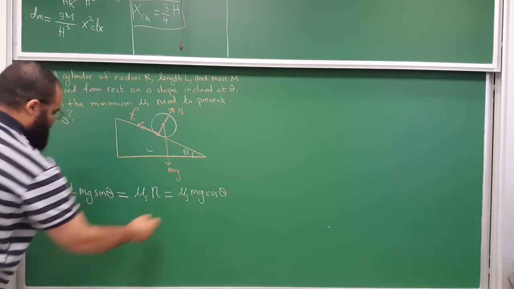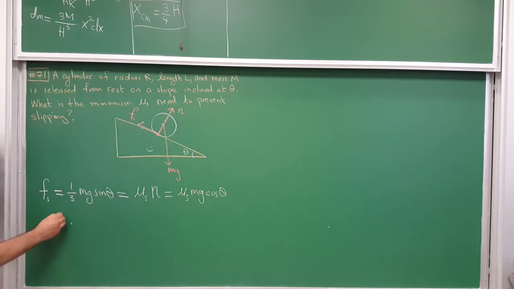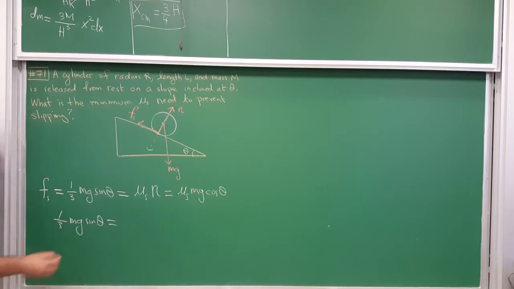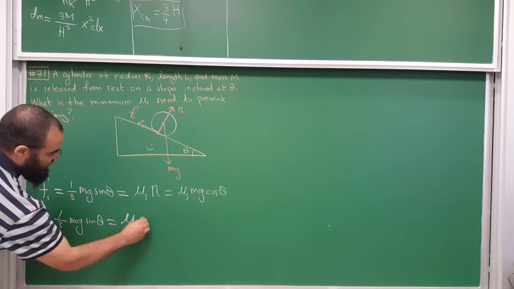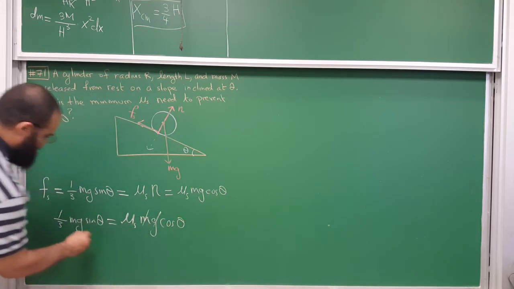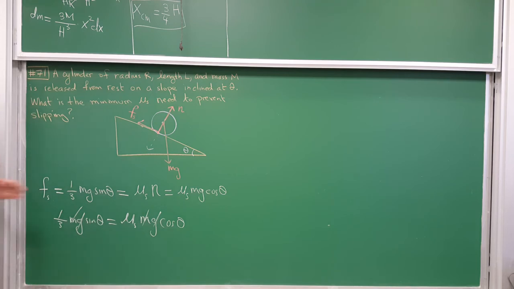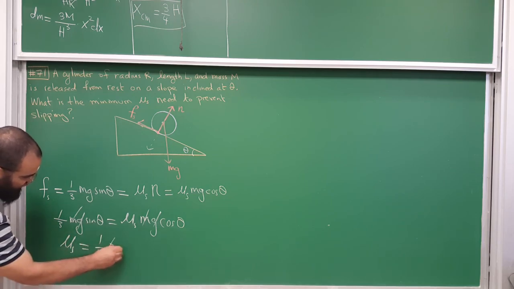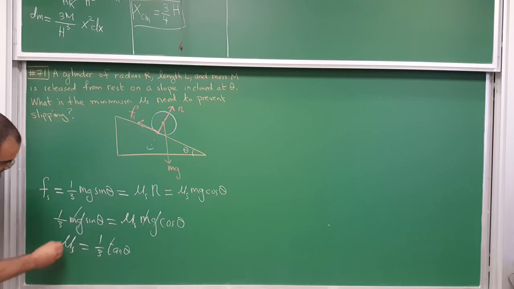So these two are equal. Let's see what we get. So you get 1/3 mg sine theta equals μs mg cosine theta. The mg's cancel. Divide by cosine and you get tangent, and so you get μs will be 1/3 of the tangent of theta.